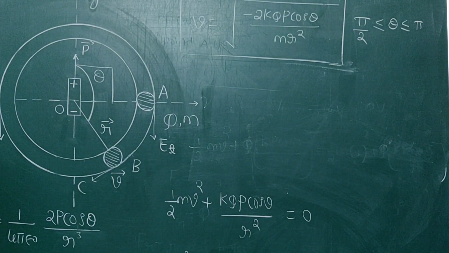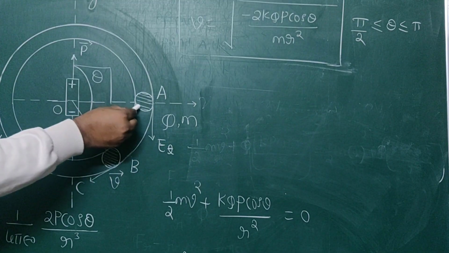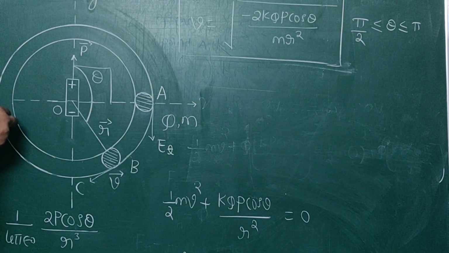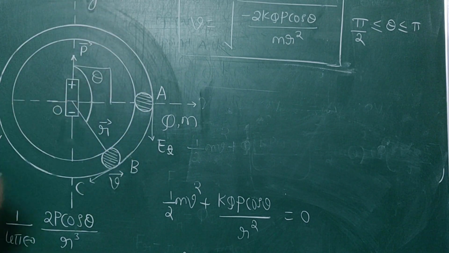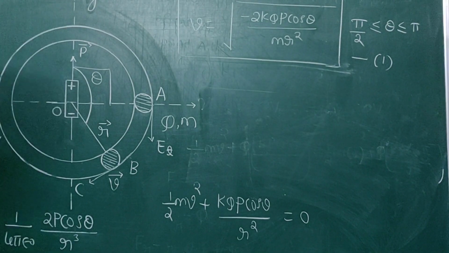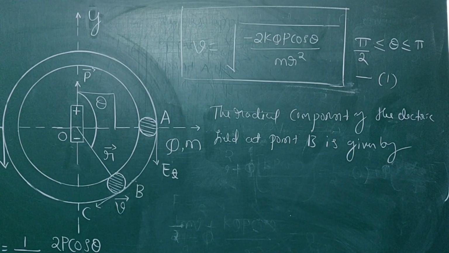This condition is applied because when the bead is released at point A, it will only execute semicircular motion, but it will not execute complete circular motion. I'll call this equation number 1. So equation number 1 provides the speed of the bead at point B.